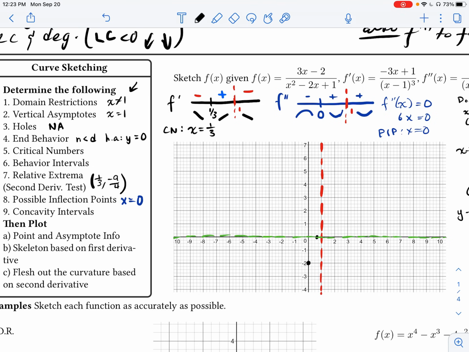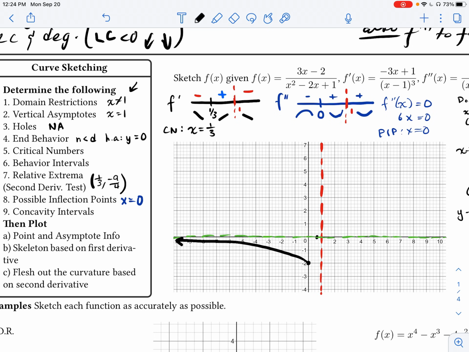So we know that generally the behavior is going to hug this horizontal asymptote. Now, before I start sketching anything in, ask yourself, do I know its behavior from negative infinity up until 0? Not only is it decreasing, we know it's decreasing up until 1/3, but it's also going to be concave down until 0. So what that means is I can graph something that looks like this.